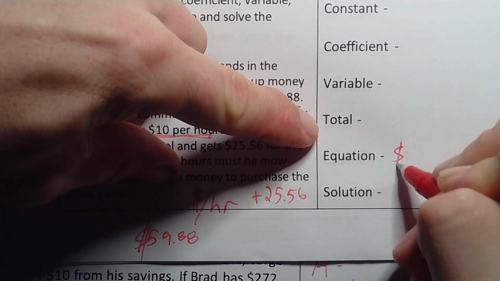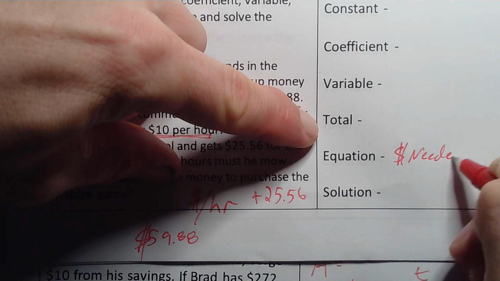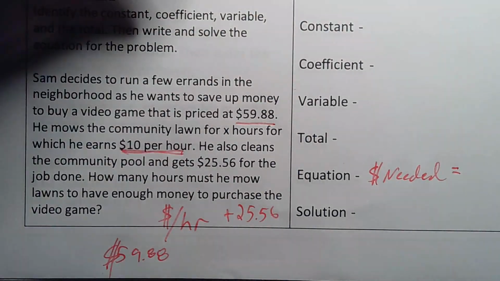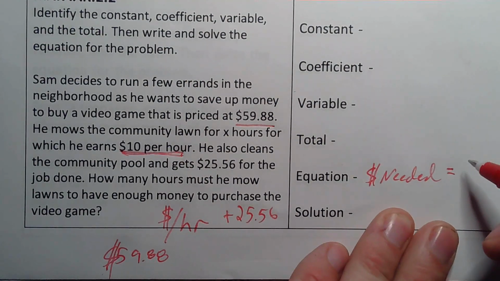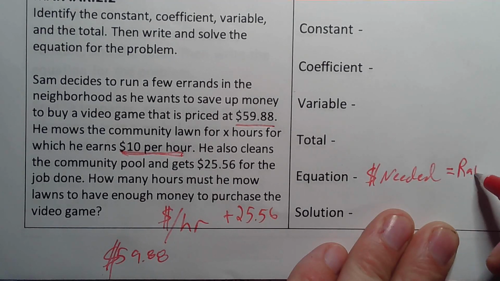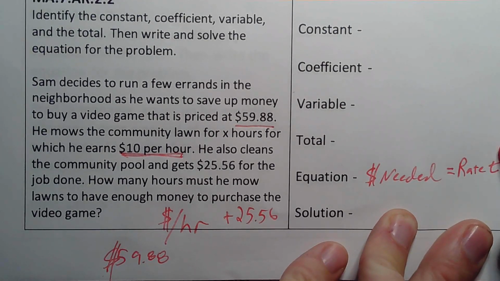The money needed equals the rate times the time, plus 25.56. Or minus 25.56, because he already got that done.